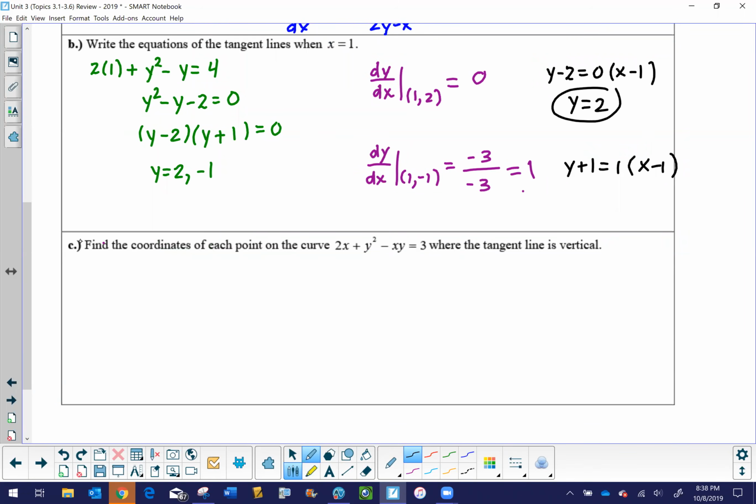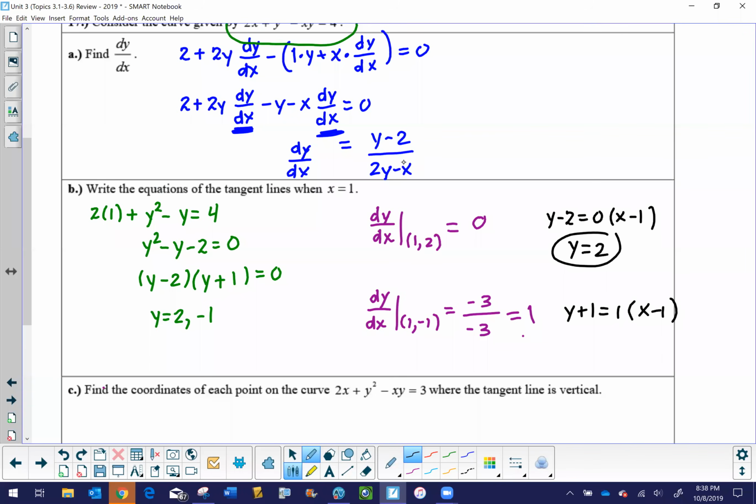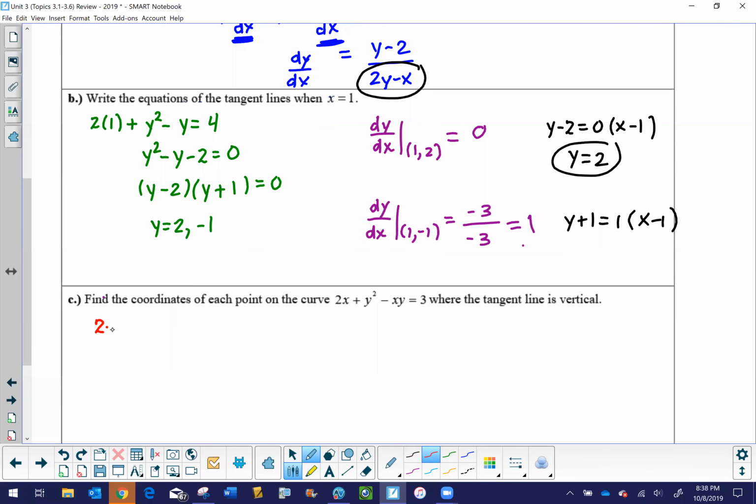So for part C, it says find the coordinates where the tangent line's vertical. Well, if you go back up here, you've got your denominator 2y minus x. So remember, a vertical tangent line is just you setting that denominator equal to 0. And I gave students 1 of the 3 points if they did that correctly. Now here's the part that kind of freaks kids out, at least the year that I gave this.